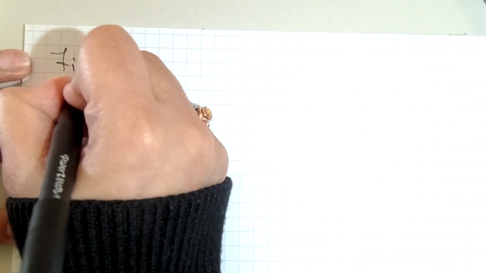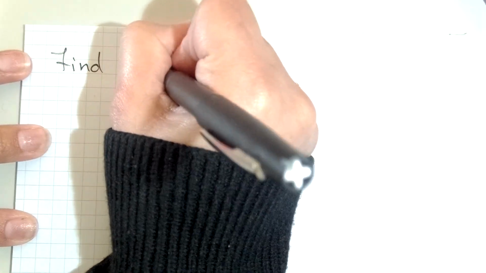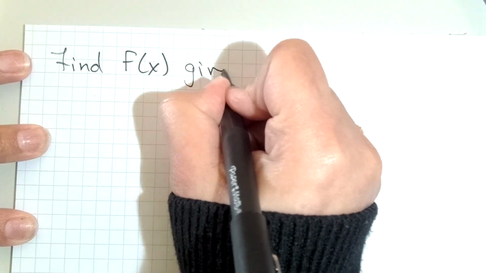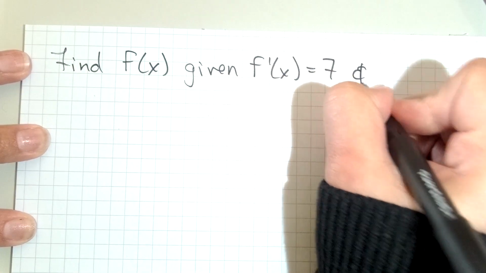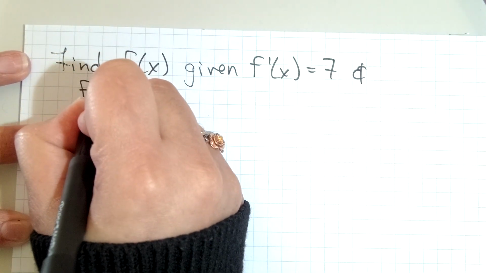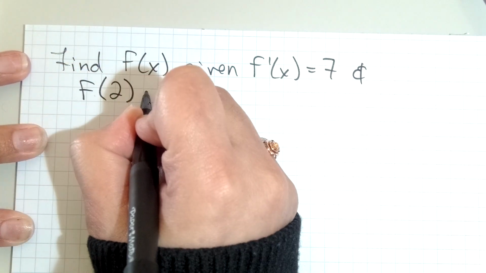I forgot that it was attached. Okay, I don't remember what it says. It says find f of x given f prime of x equals 7 and f of 2 equals 19.